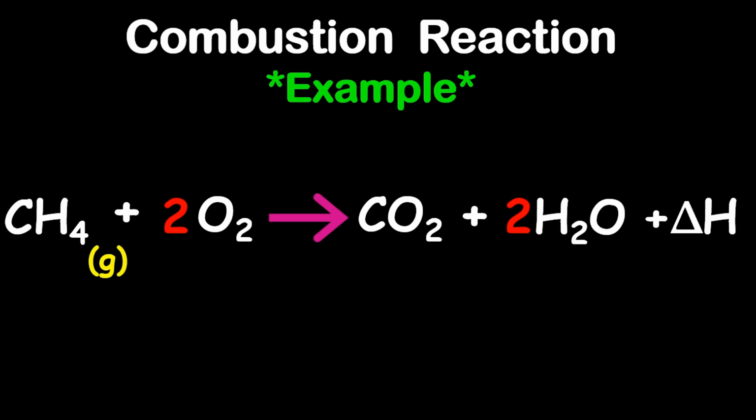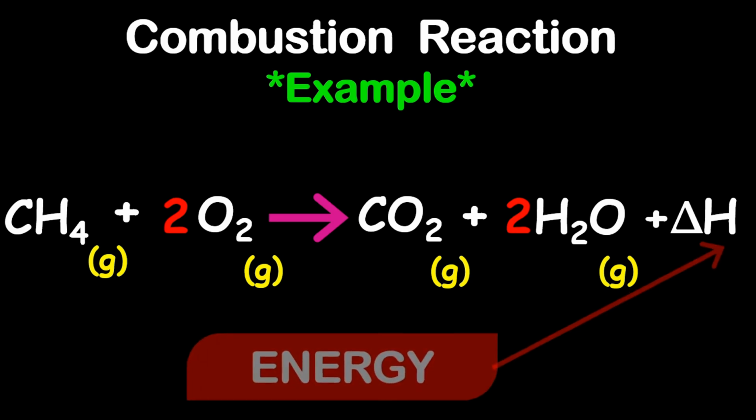Now, this is the state of methane, which is a gaseous substance. Oxygen is also a gaseous substance. Carbon dioxide is also a gaseous substance. And the water will be in the form of vapor in this case, since the heat will be high. And of course, we get our energy.